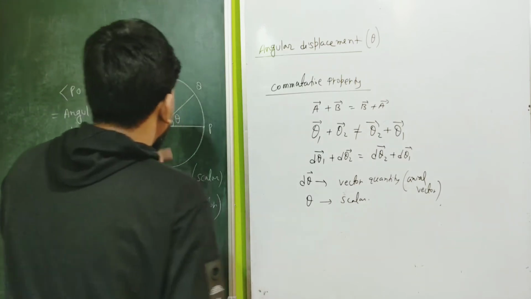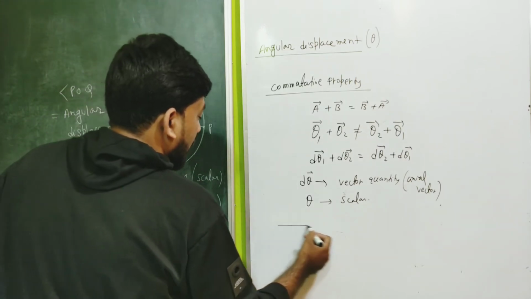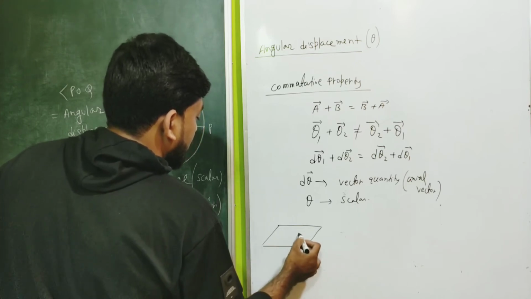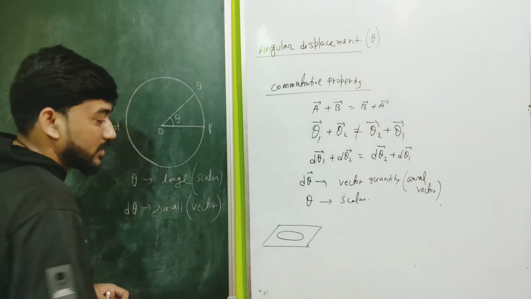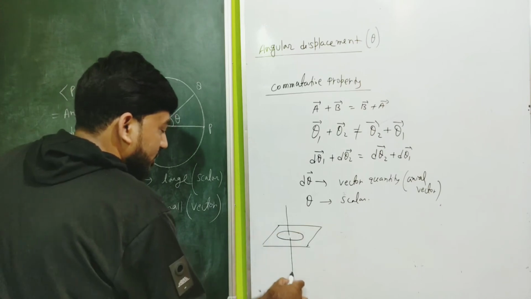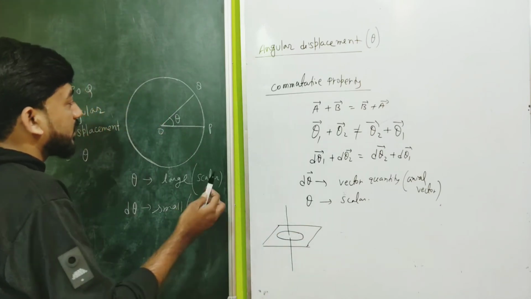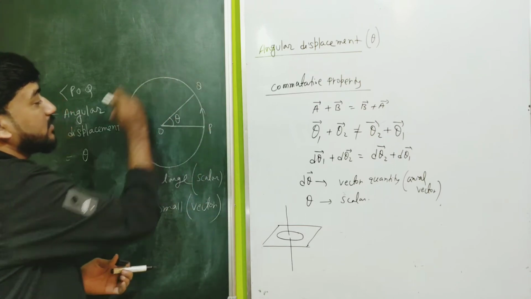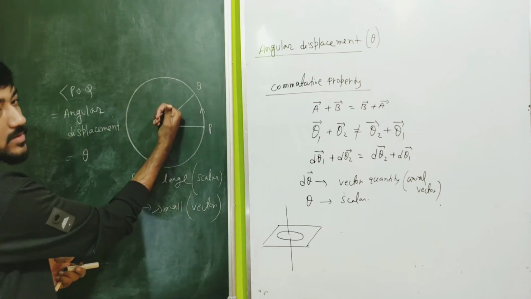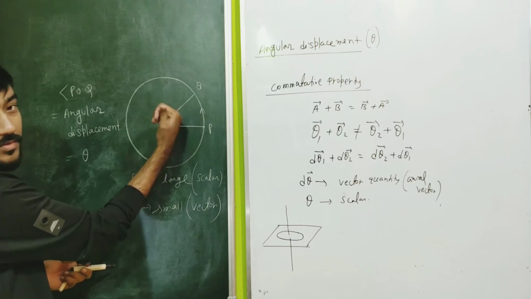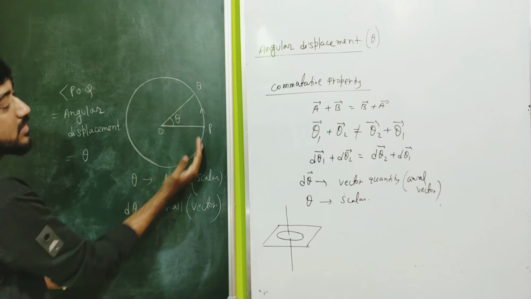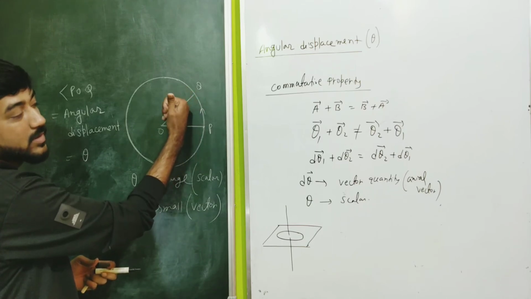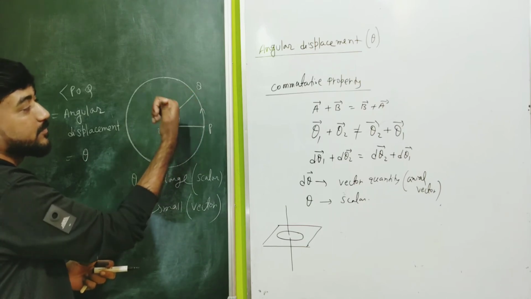So if you take this circle on this plane, then obviously the axis will be like this. If the particle is rotating anti-clockwise, and you curl your finger along the rotation, then your thumb will give you the direction of theta.